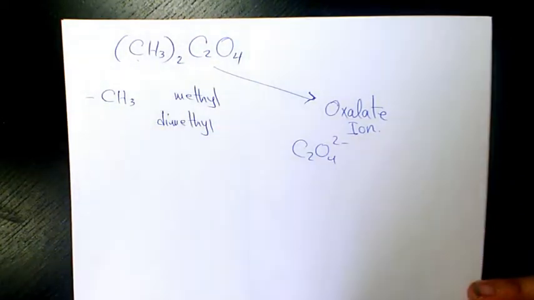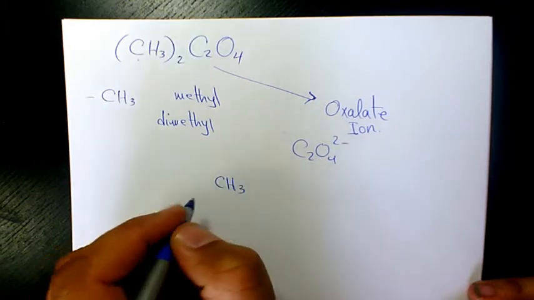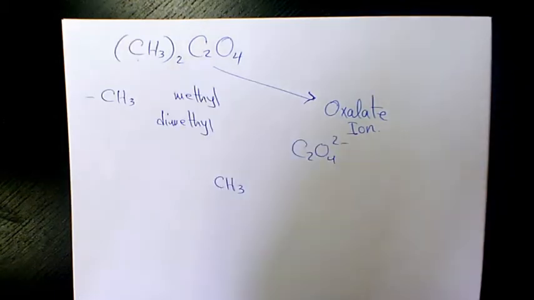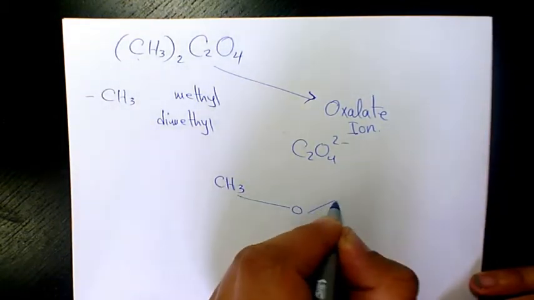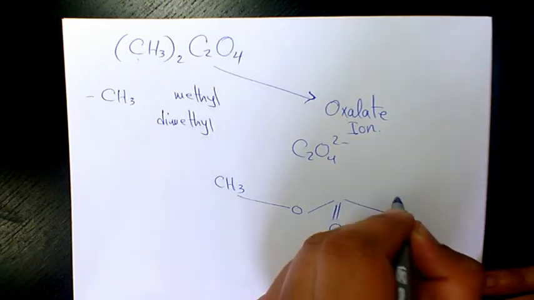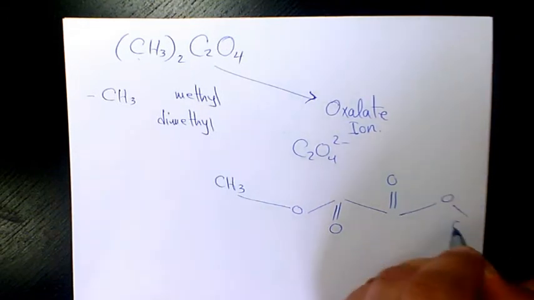And this chemical is a dicarboxylic acid, which means that we have CH3 connected to the oxygen. We have O in here. We have another O in here. CH3.